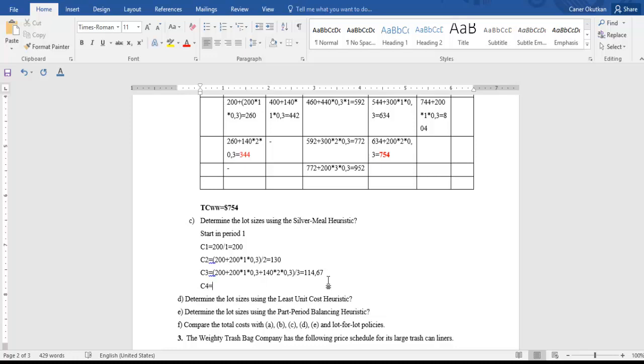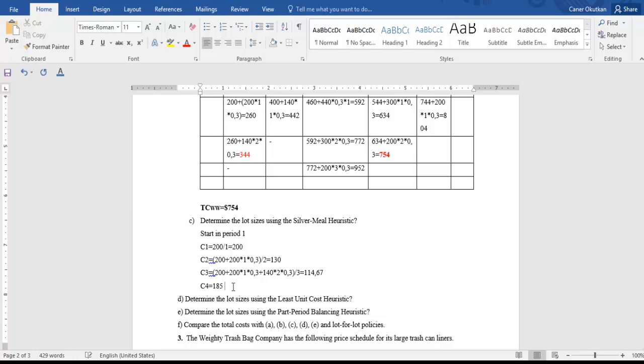In fourth cost 185, so we can see 200, 130, 140 decrease, but fourth cost 185, not decrease, increase.